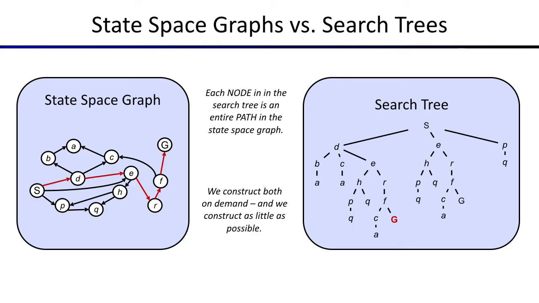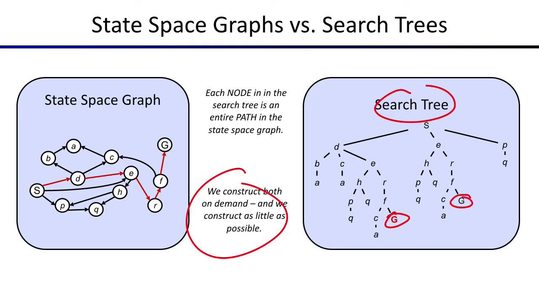And in both cases, we're going to construct them on demand, only the part of it that we're currently looking at, and try to store as little of it in memory at once as possible. Notice that over here in the search tree, there are 2 Gs, and this just happens to be the one that is in red, actually. We haven't run an algorithm on it, so it's just the one that's in red right now.